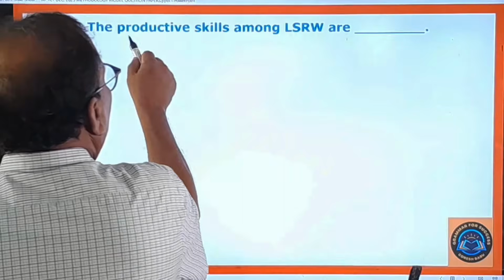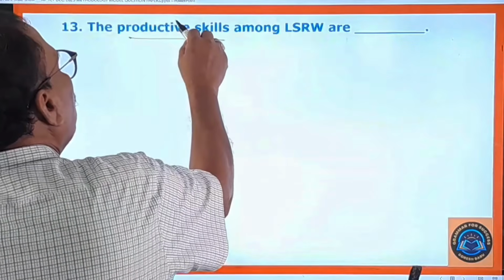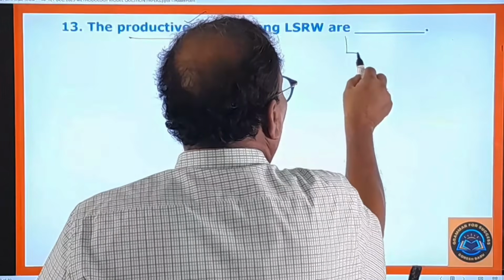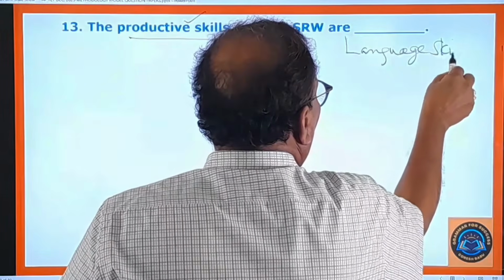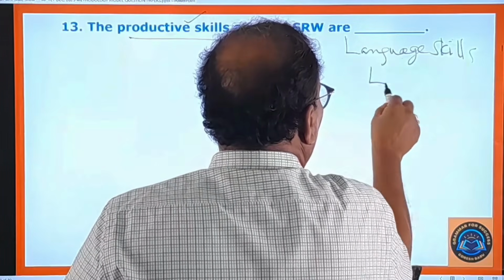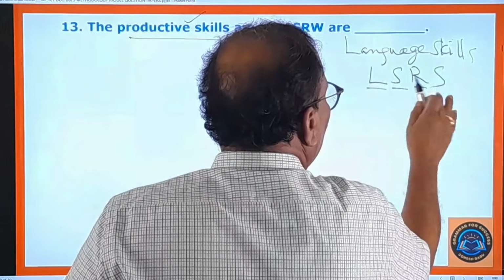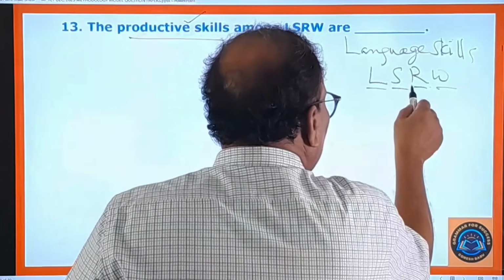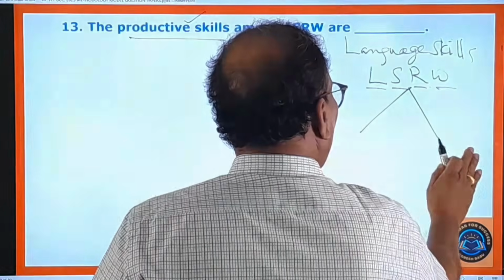13th question. The productive skills among LSRW are... So, before you answer this question, you try to understand all about the language skills. What are the language skills? L, S, R, W. Listening, speaking, reading, writing. LSRW. Right. And these language skills are again divided into two groups.